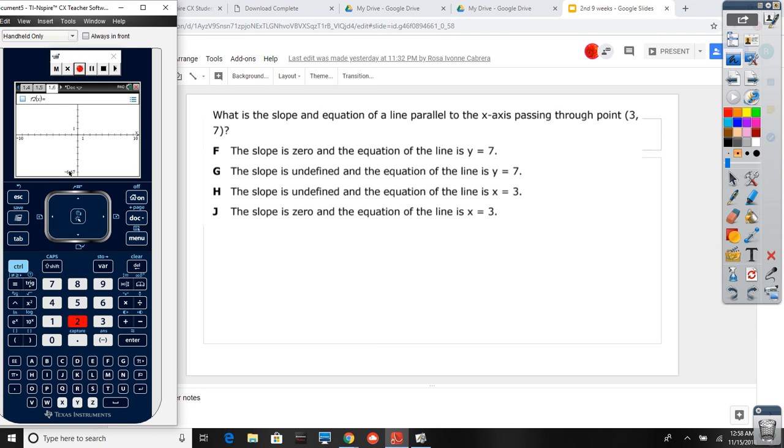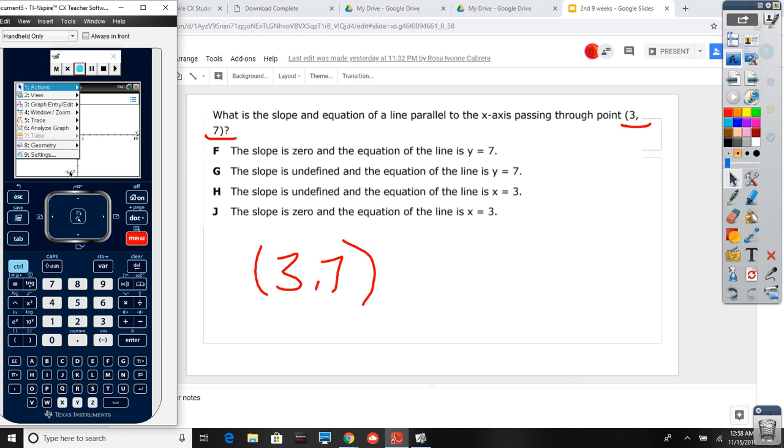Now, before I do anything, if I want to look at the point 3, 7, because that's the one they're giving me here, right? I'd rather have a grid line. So I'm going to go to menu, view, just like we did yesterday, grid, and we want a lined grid because that's what we're used to seeing.